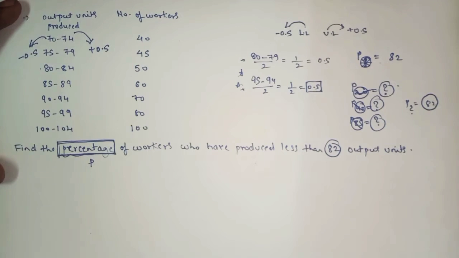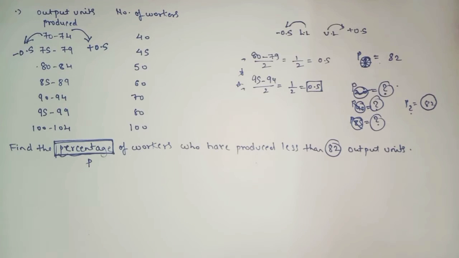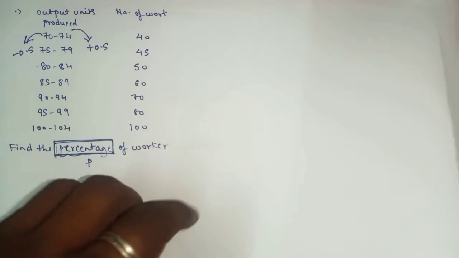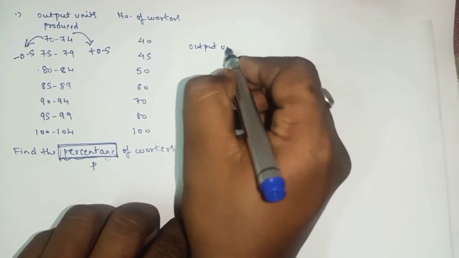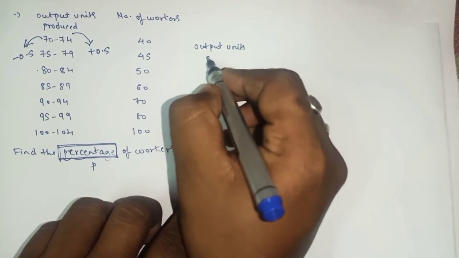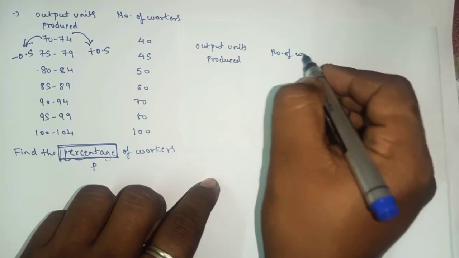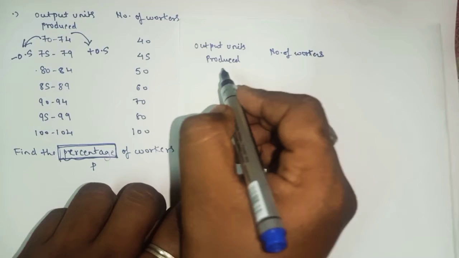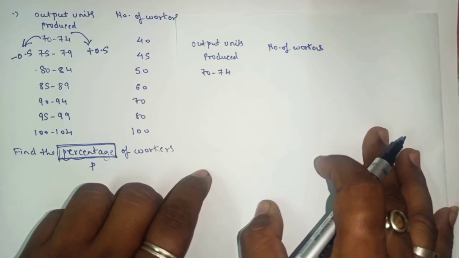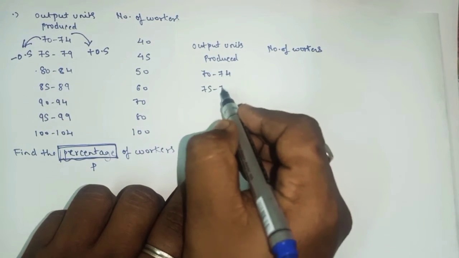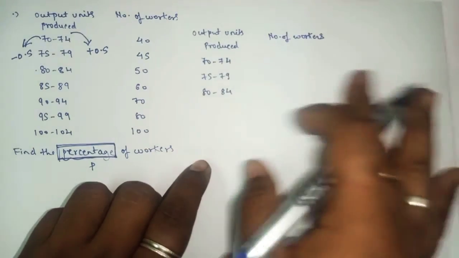Let's make the table: output units produced, and number of workers, with classes 70 to 74, 75 to 79, 80 to 84. We'll do the sum directly.